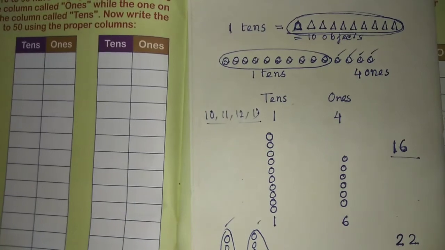When you go to another, bigger class, at that time you will learn this place value in detail. In this class you just learn how to write these numbers in the tens column and ones column.